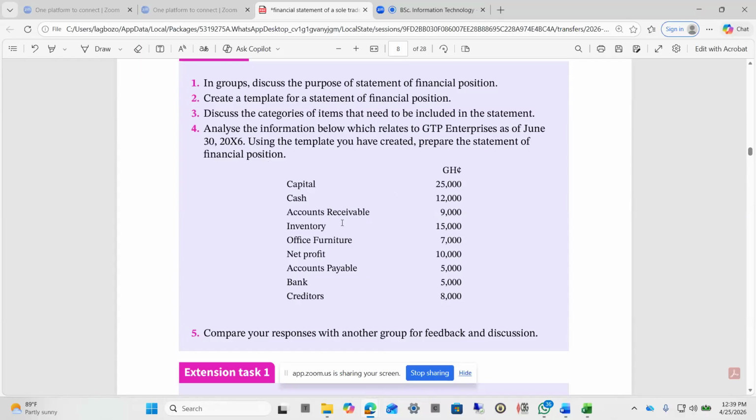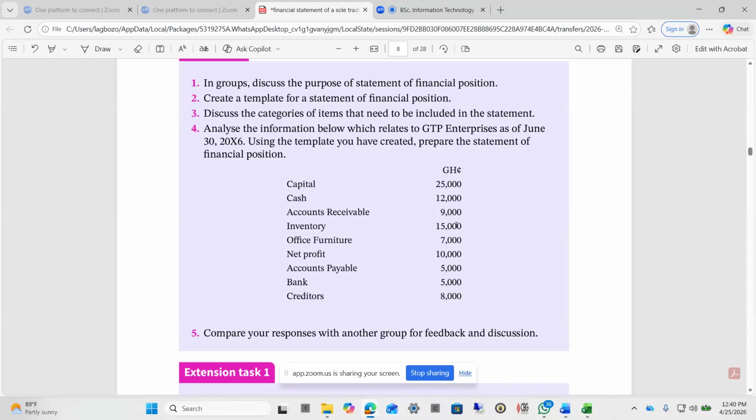So let's look at this. When you look at the equation, this one is the capital. The cash, where does it fall? Asset. Which part of assets? Current asset. Accounts receivable, where does it fall? Asset. Which part? Current asset. Inventory, where does it fall? Asset. Which part?